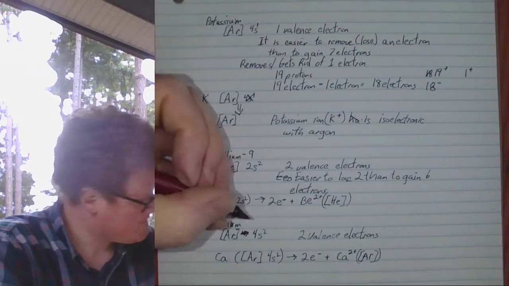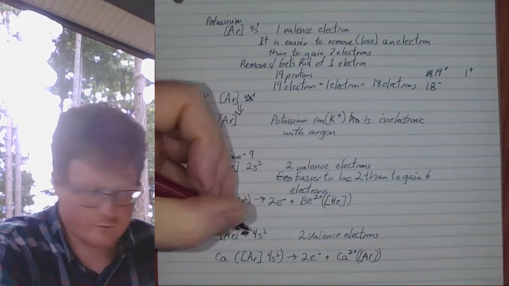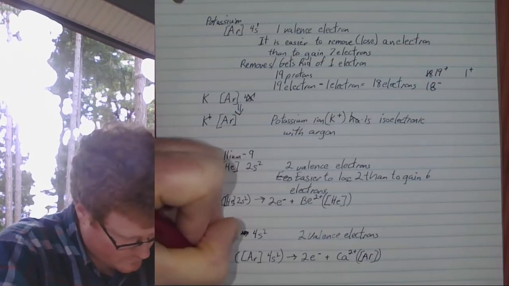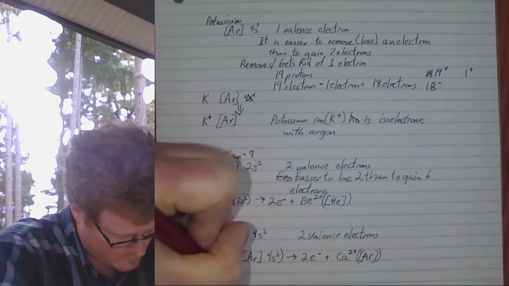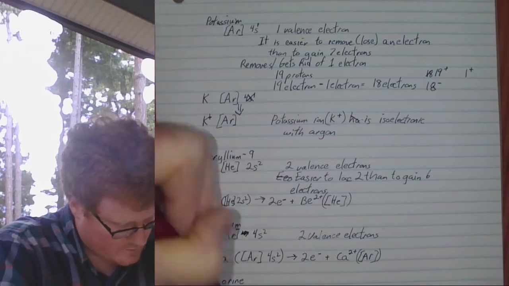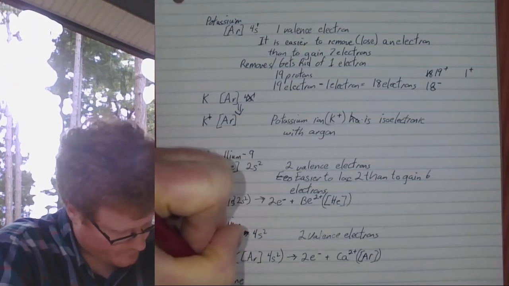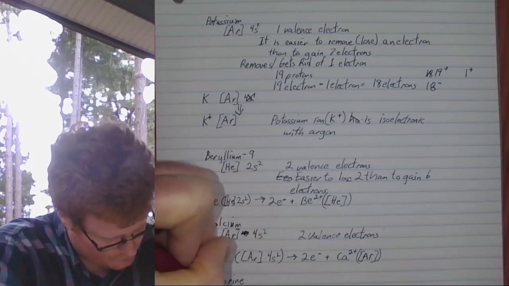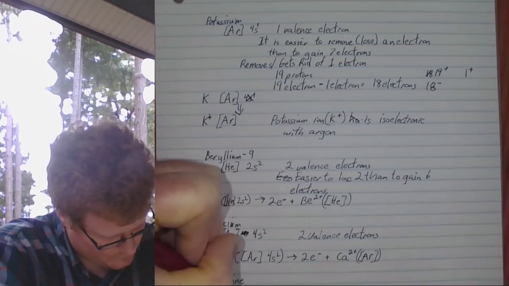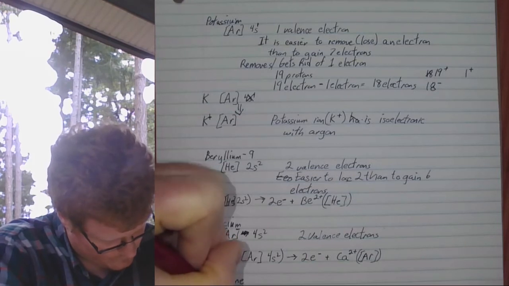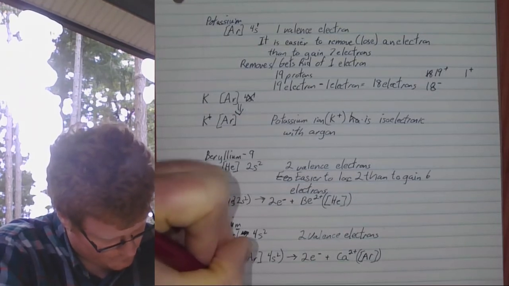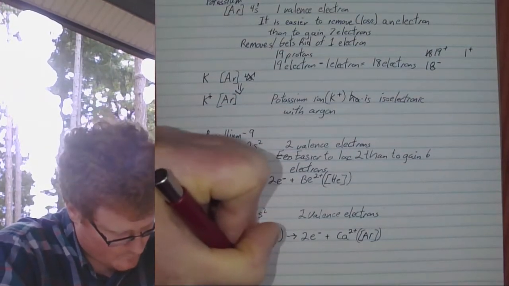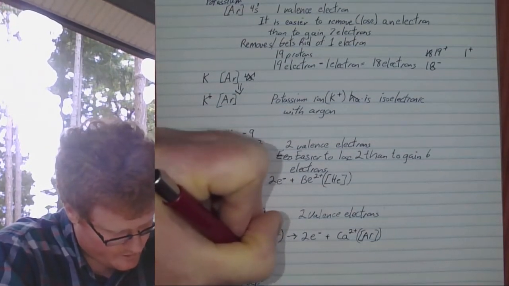Sound okay? Take a look at fluorine. So, fluorine has a helium 2p5 configuration.